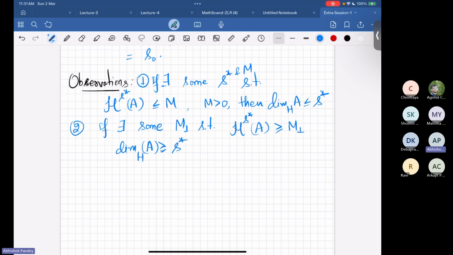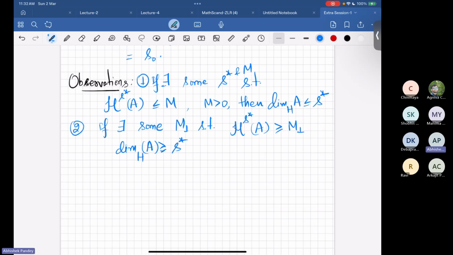So if you bound your Hausdorff measure between two finite quantities, that S star is going to be the dimension.